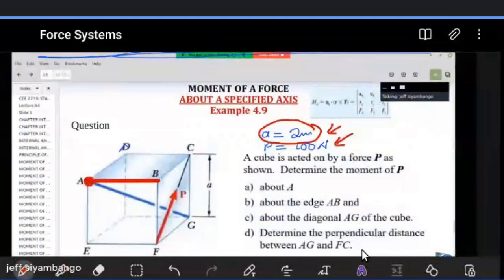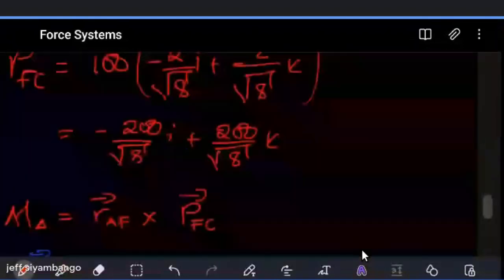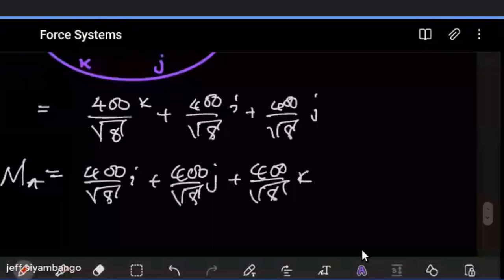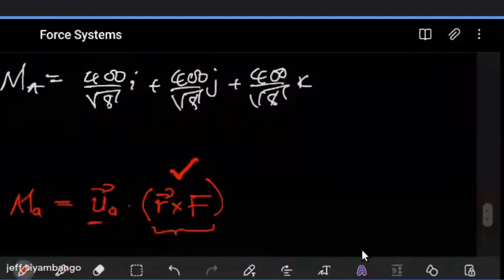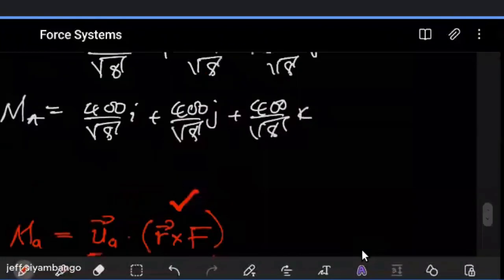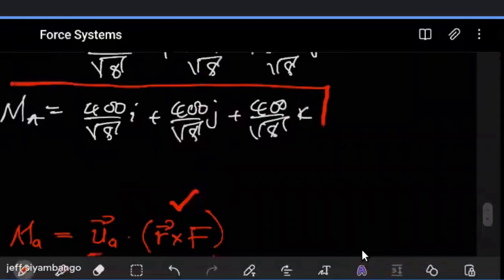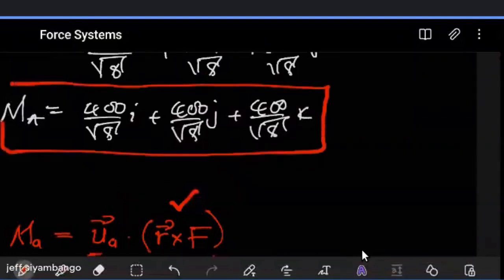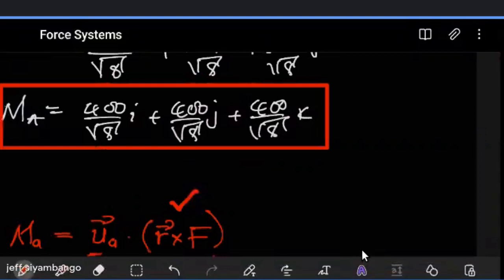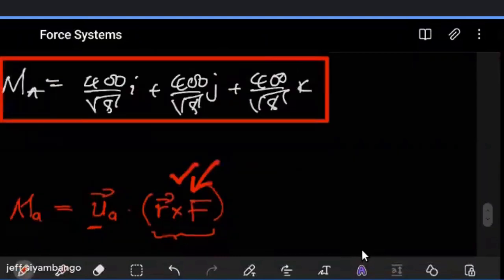So we already have the moment of the force P about a point on the axis. In other words, we already have this part sorted out. This moment about the point A, which lies on the axis AB, tells us the moment about a point on that axis.